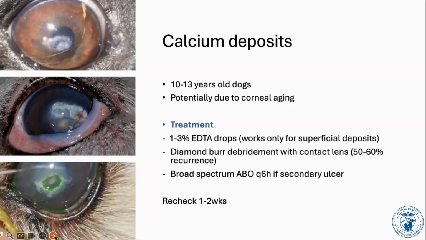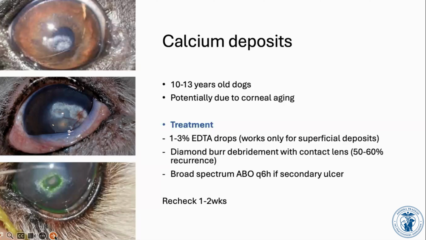But sometimes owners want to get rid of the ulcer or that deposit. So in such cases, we can do a diamond burr debridement followed by a contact lens. But please tell them that there is a 50% chance that it will come back again.